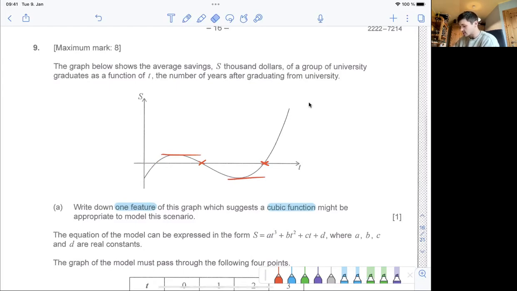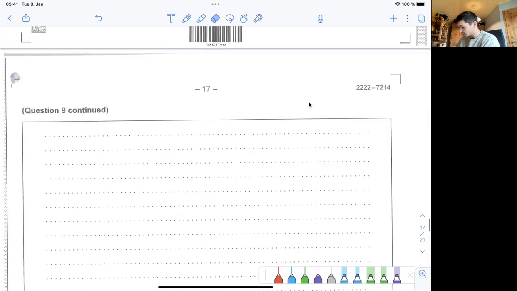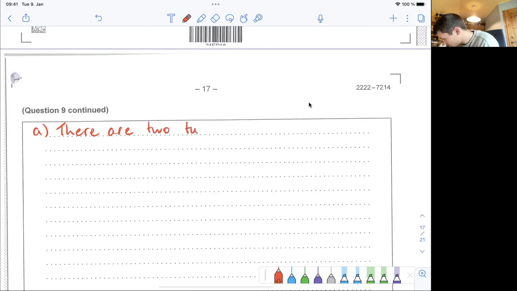You only have to use one, so I'm going to go with the turning point idea. So I'll just write down here. We'll say there are two turning points.